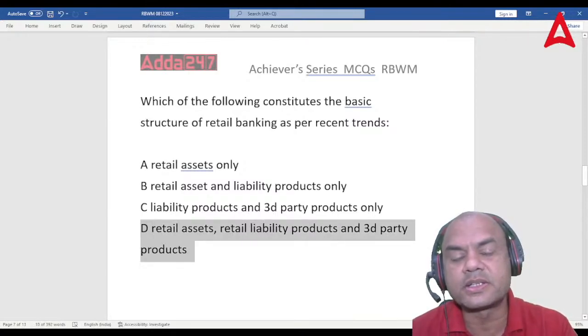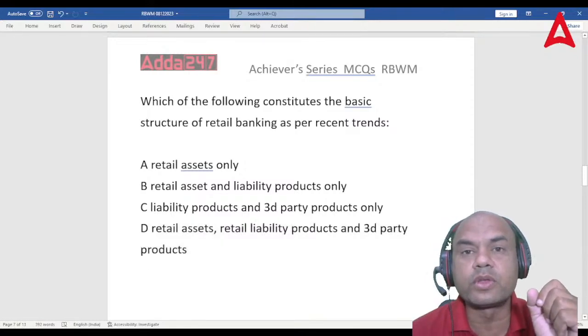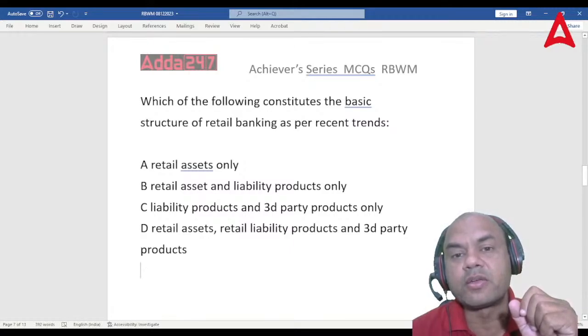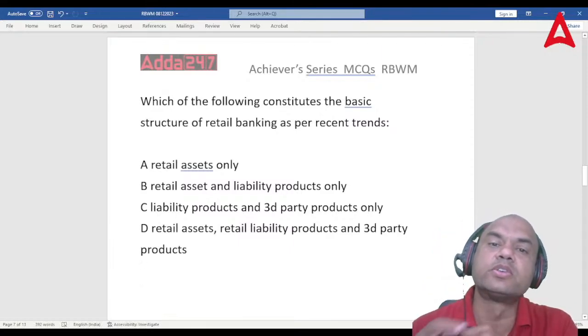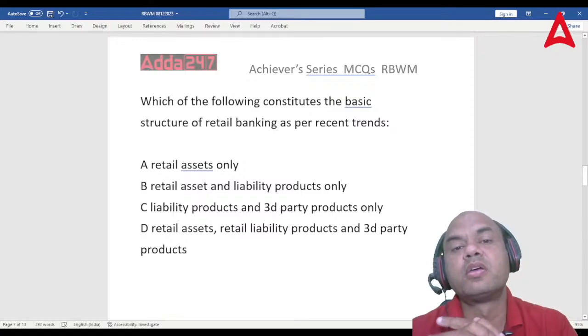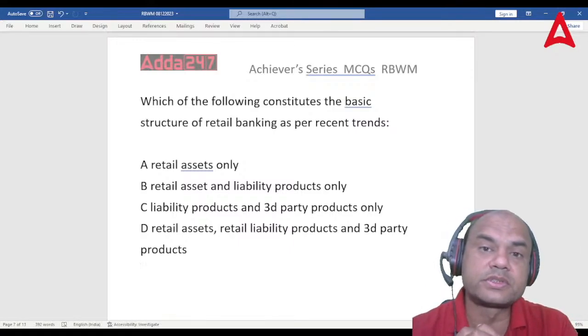What is retail asset? Asset is a loan for the bank. Liability means deposits: saving, current, FD. And third party means products like insurance, mutual funds, or broking accounts.